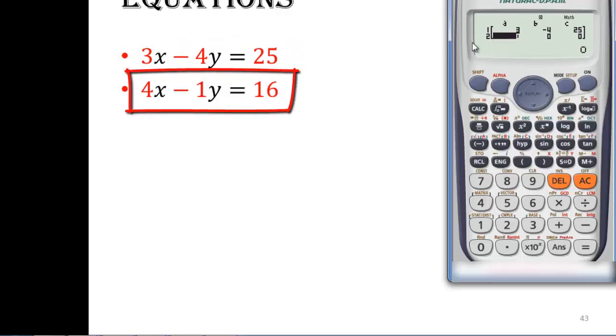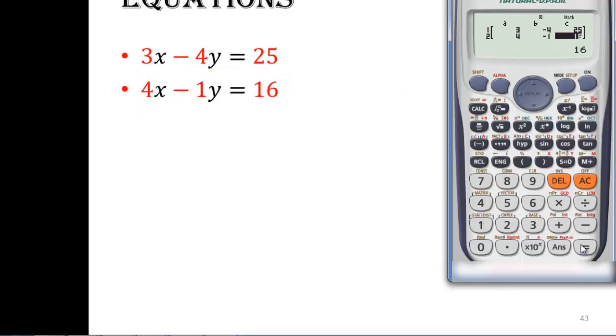Now we are going to put in the coefficients of the second equation. Remember, every time you have to press enter. Once you have entered all the coefficients and constants, you press enter again.